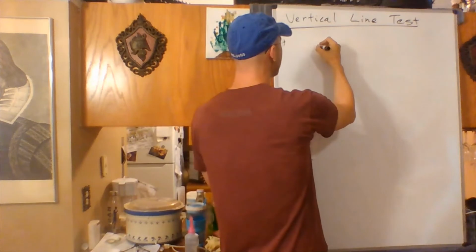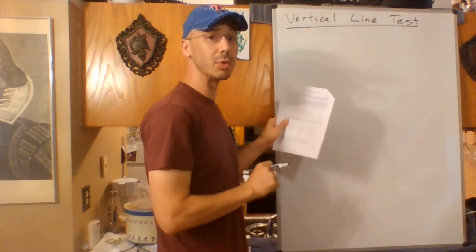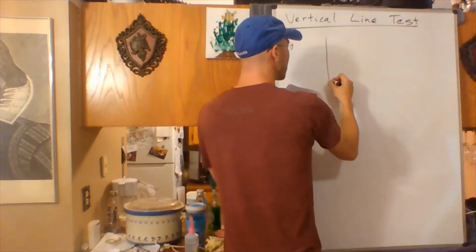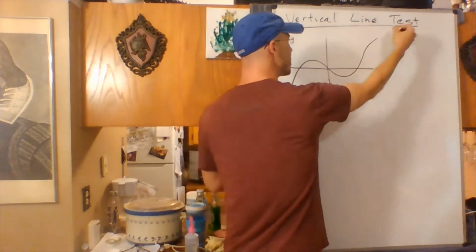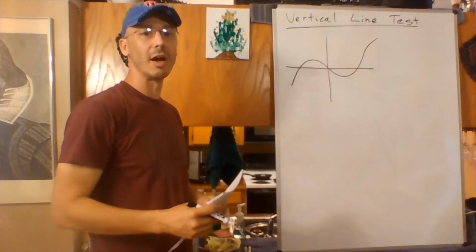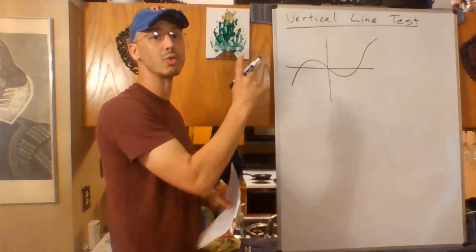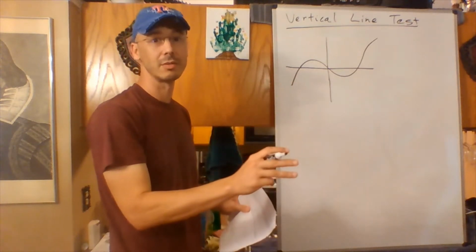First of all, I'm just going to show you how to use it. If you want to read it, it's in the book. But it works like this. If I have a graph, say a swoopy, wavy sort of thing like that, and if I can draw a vertical line that hits it twice or more, that's not a function.